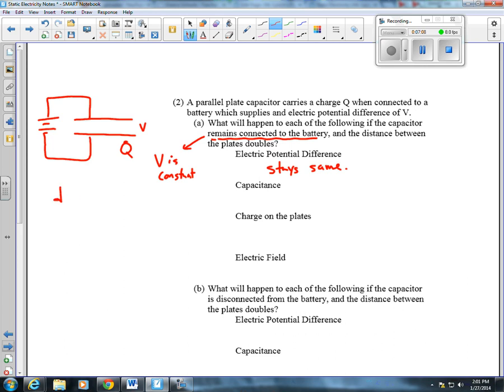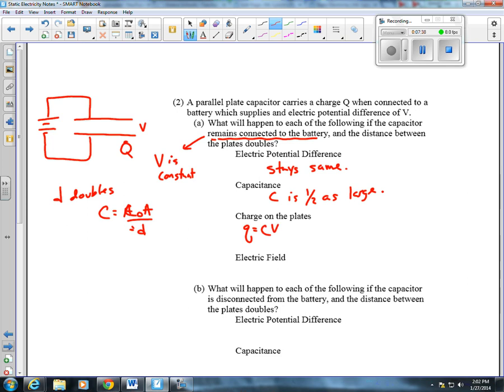Now, capacitance. What I'm doing is the distance is doubling. So D doubles. So what equation has capacitance and distance? C is epsilon naught A over D. The distance is on the bottom, so if the distance doubles, the capacitance is going to be half as big. What's going to happen to the charge on the plates? So now charge is Q. Q equals CV.